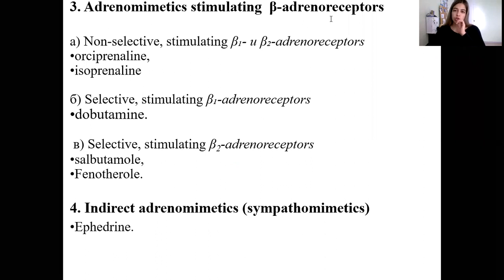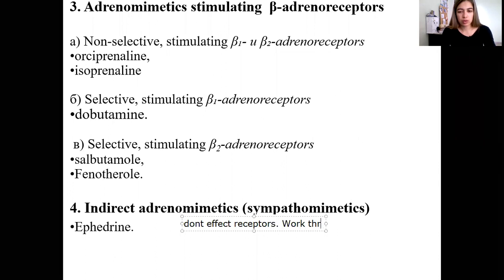Also, we have drugs which are indirect adrenomimetics, sympathomimetics. What does it mean? They are indirect, so they don't affect receptors directly. They work through the accumulation of the natural norepinephrine.